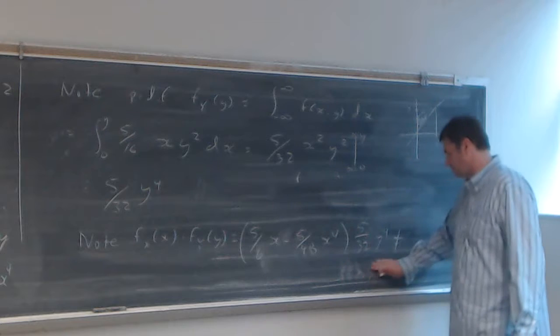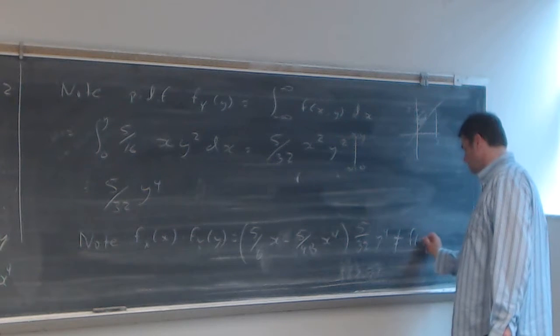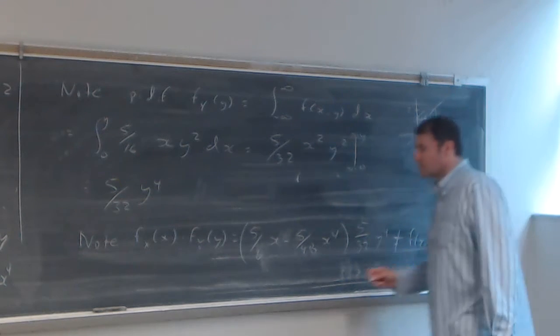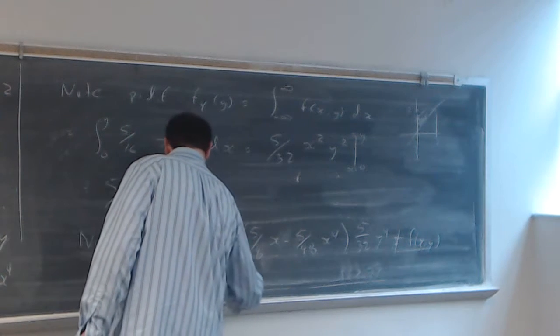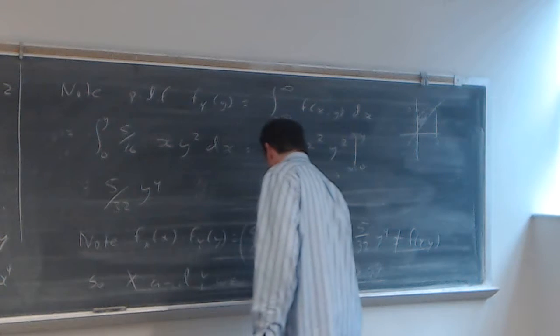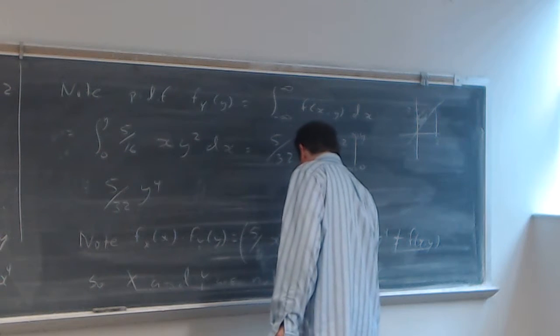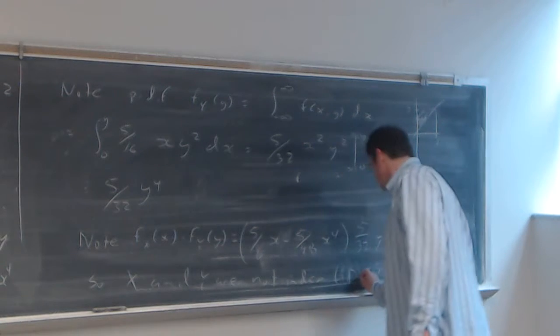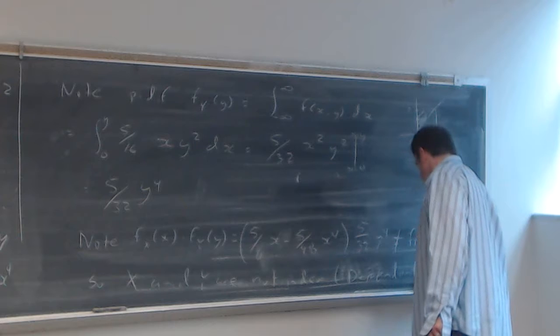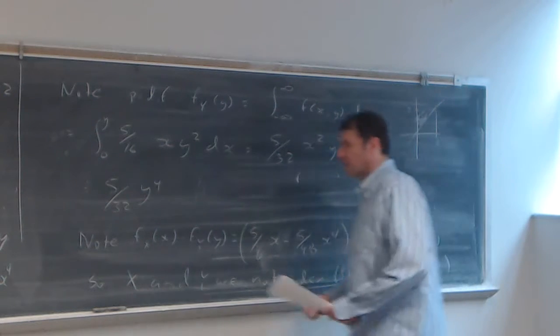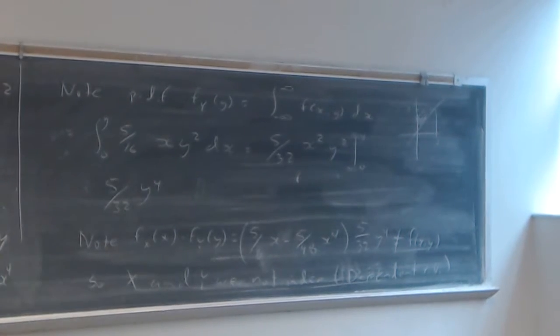That's right. So x and y are not independent. They're dependent random variables. So those are two examples where we're trying to determine whether two random variables are independent.